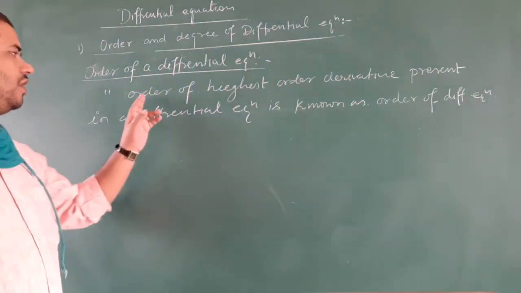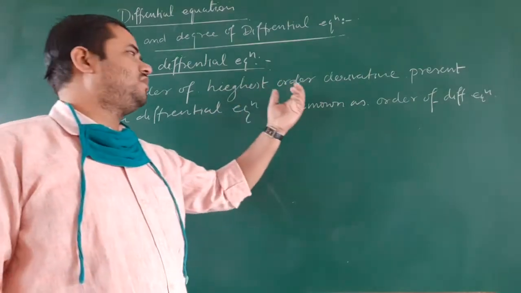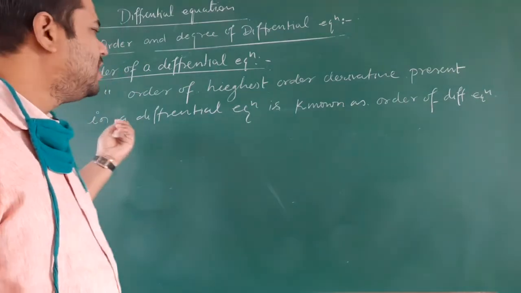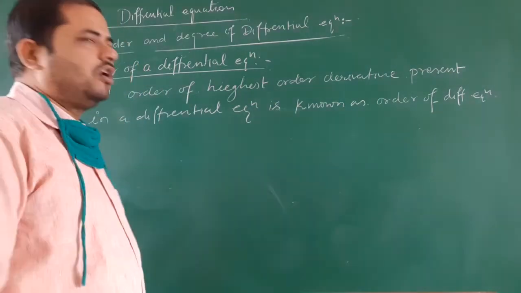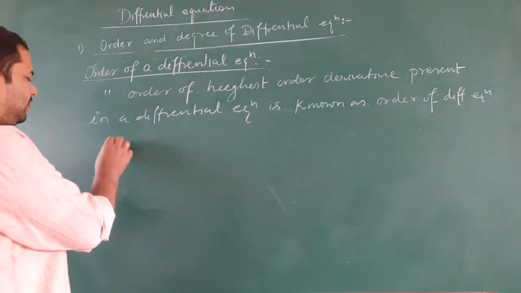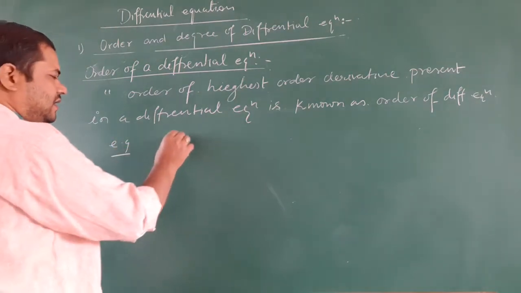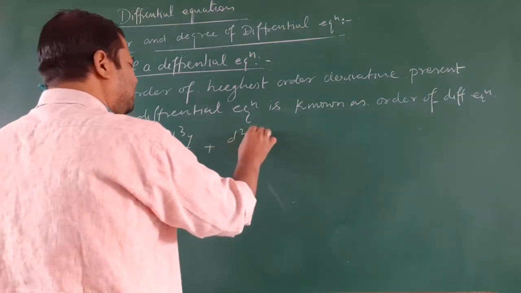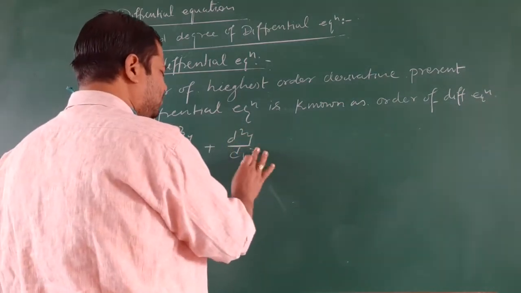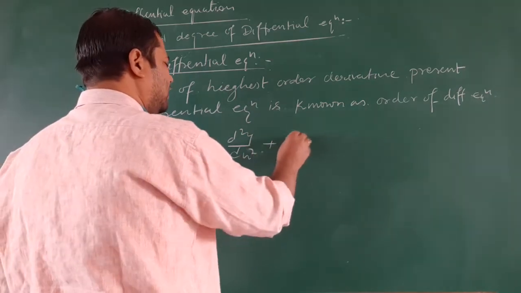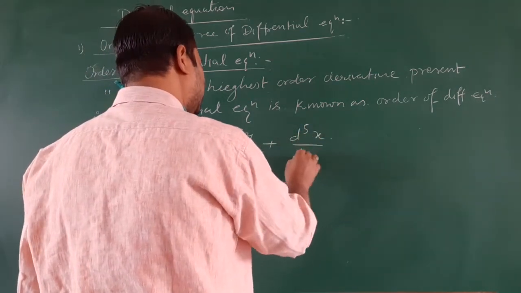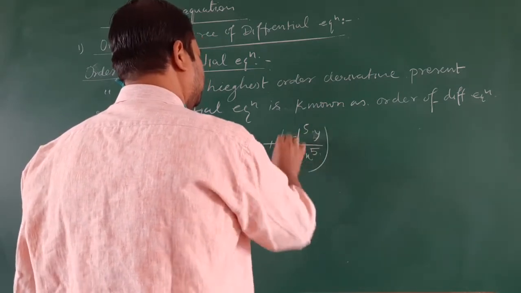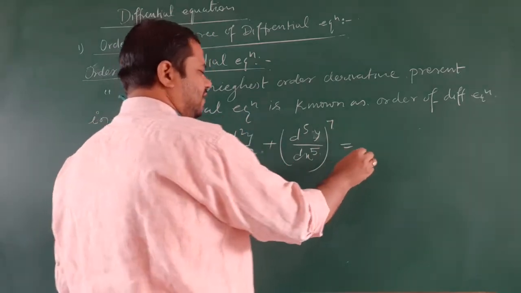Clear with that? Order of highest order derivative. First of all, you choose the highest order derivative. Which one is the highest order derivative? And that order should be the order of the differential equation. For example, d3y over dx3 plus d2y over dx2 plus d5y over dx5 power 7 is equal to 0.